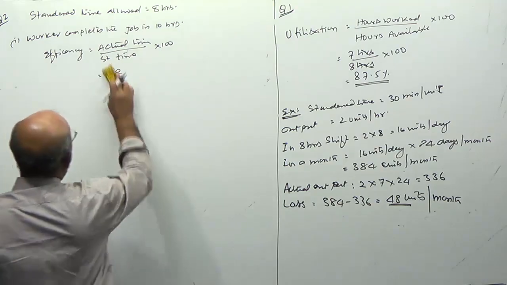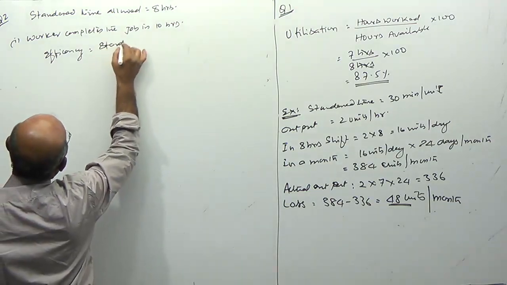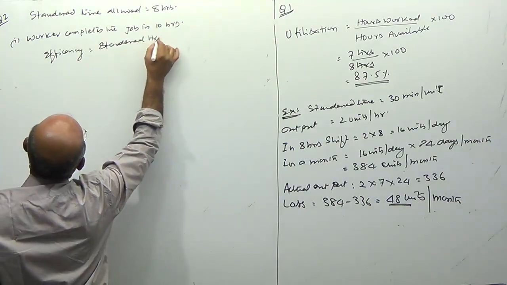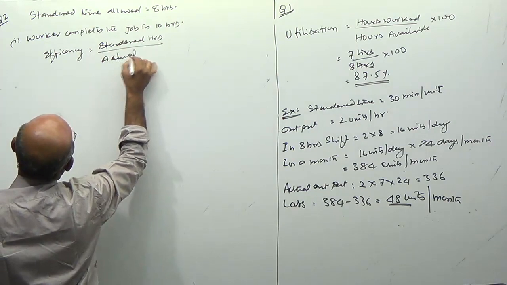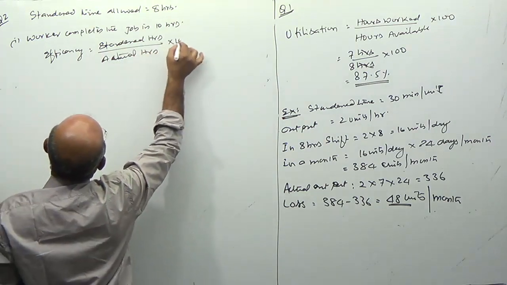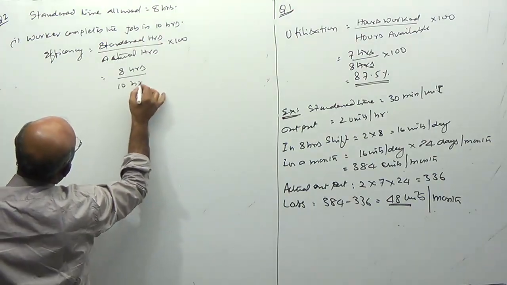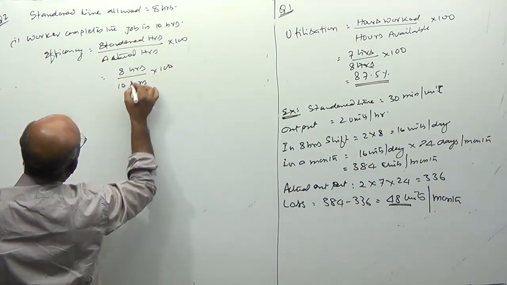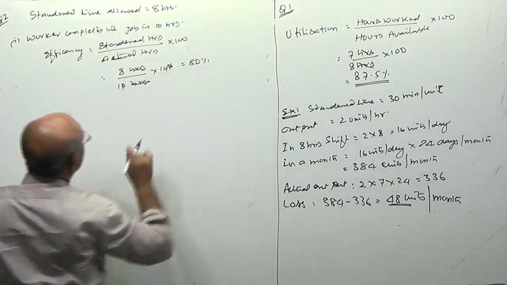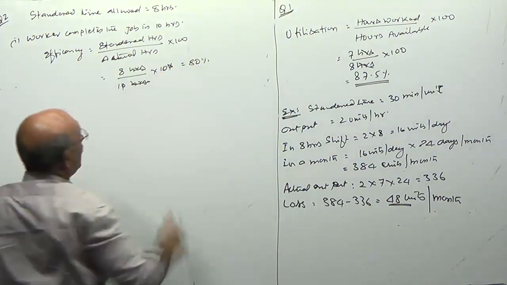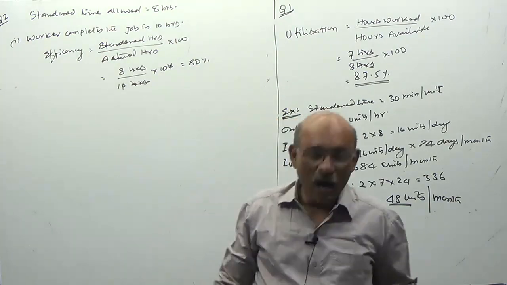This is standard hours divided by actual hours. Sorry. Standard hours divided by actual hours into 100. Standard hours 8, actual hours 10 into 100. 80%. Efficiency of the worker is 80%. He has not given 100%.